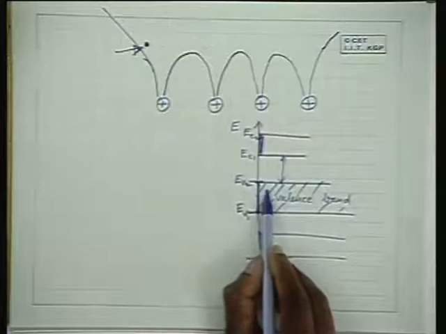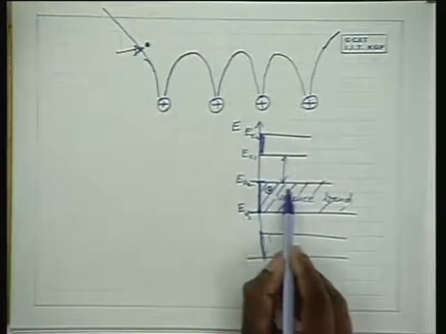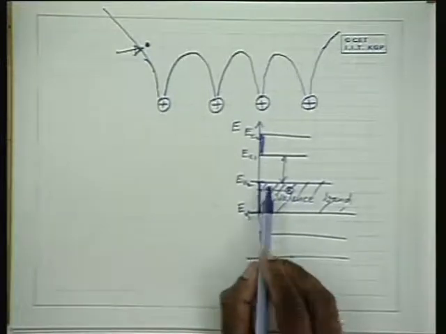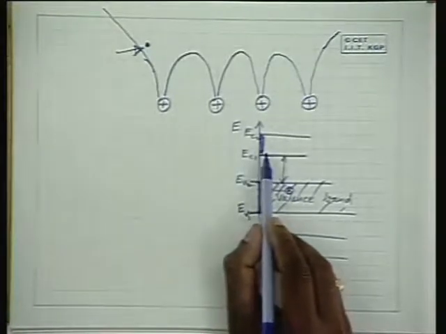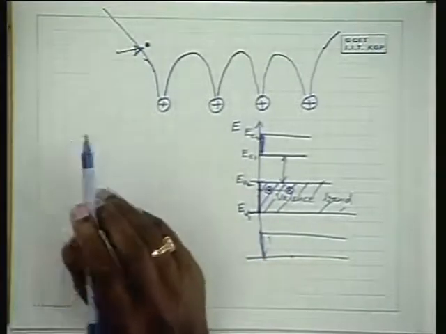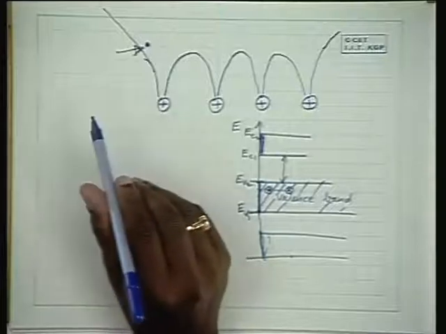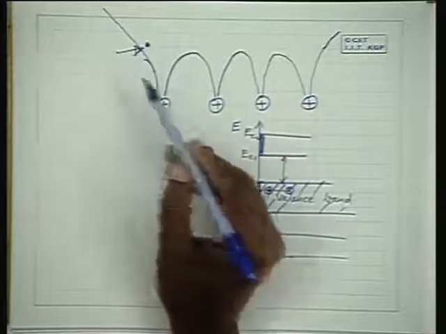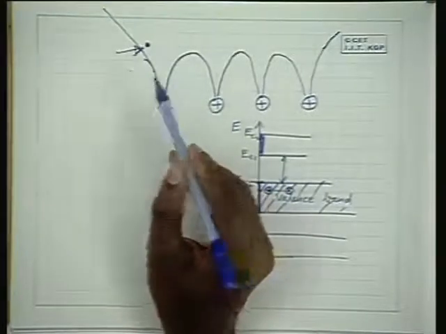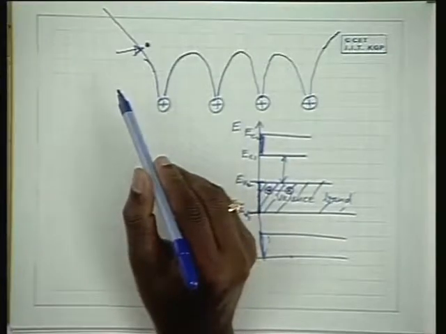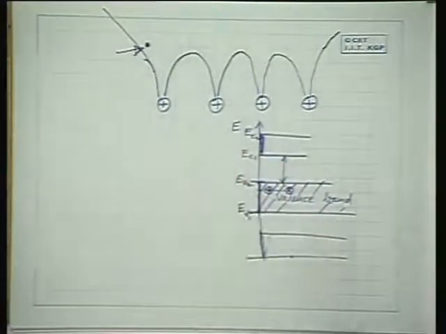Now it is possible for a valence electron which has this energy to move to a different energy level if some energy is applied to it, some external force. That force can be either thermal, or it can be an electrical field which is provided from outside through a battery and parallel plates.